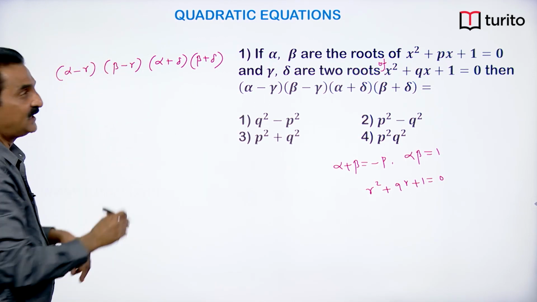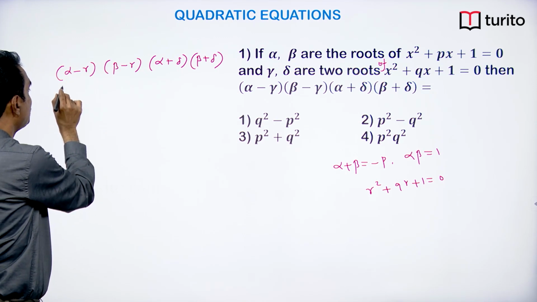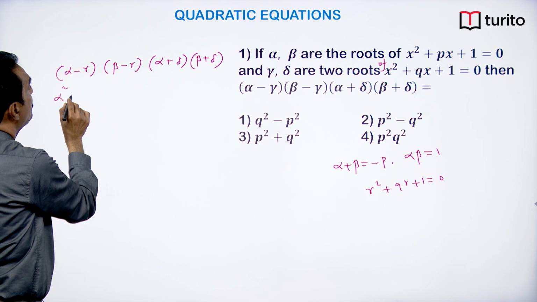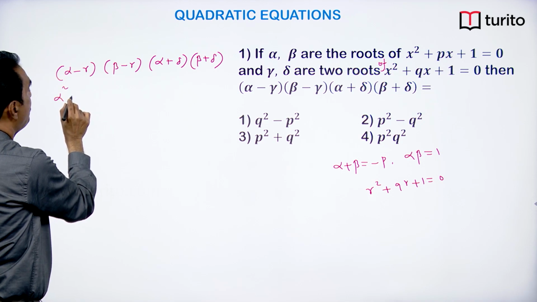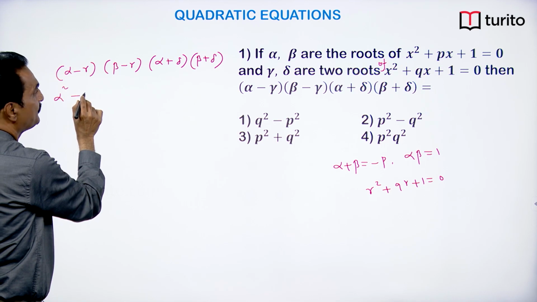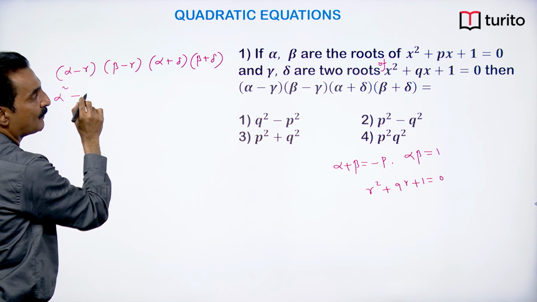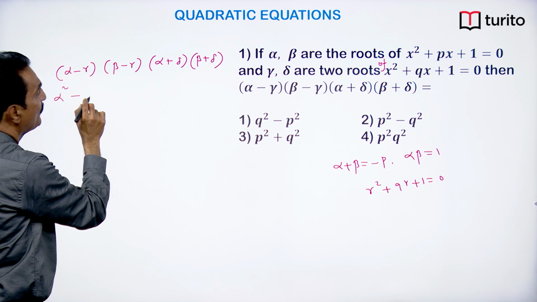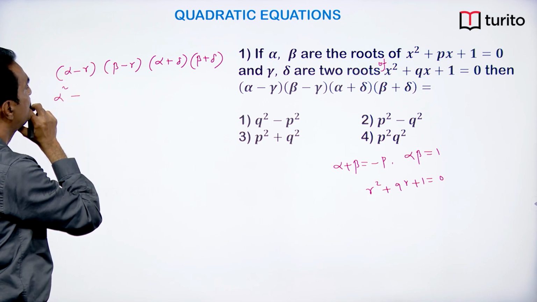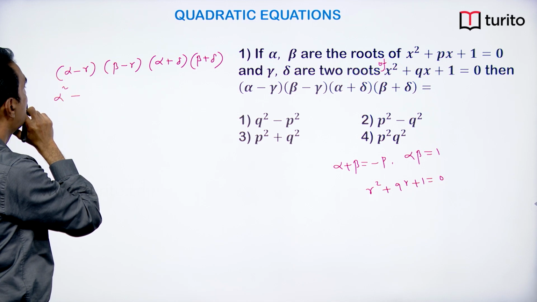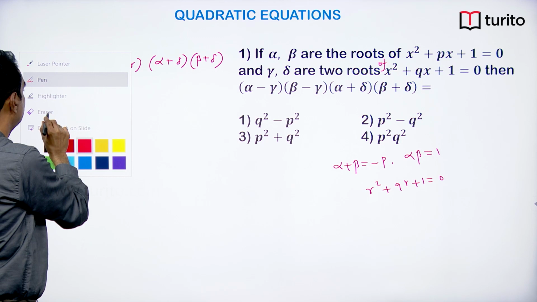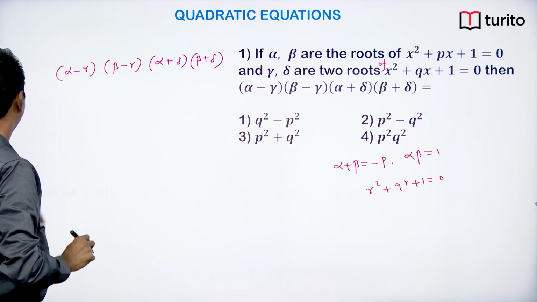Multiply first and third, then you will get alpha square minus, you are getting gamma minus delta. The first one is okay.